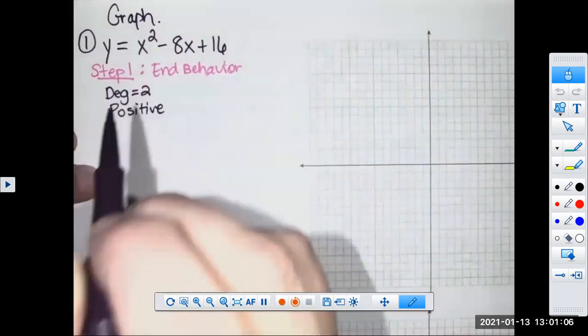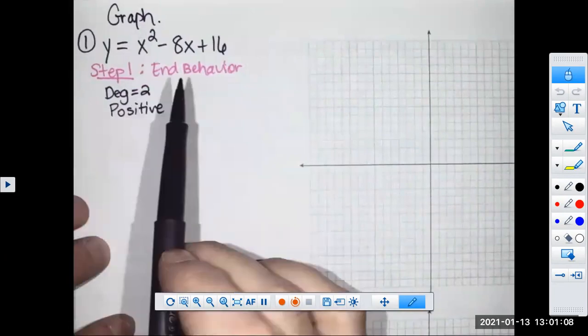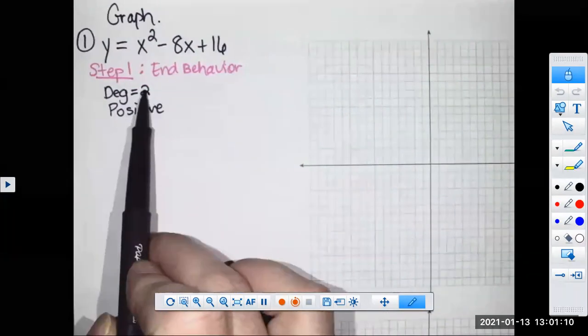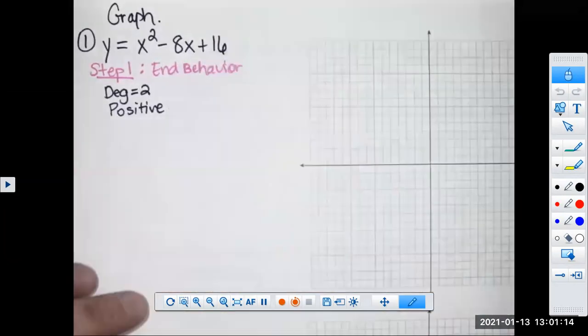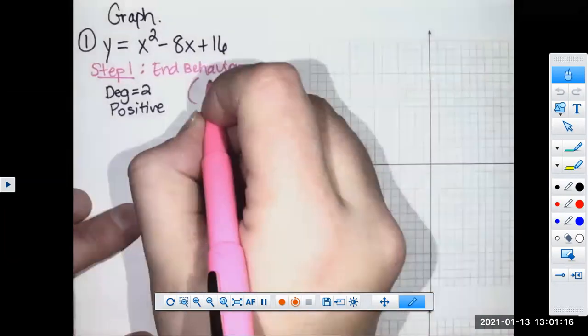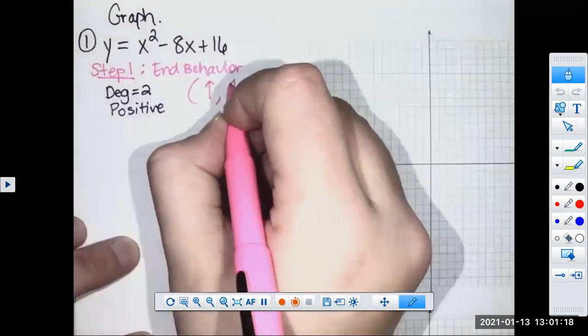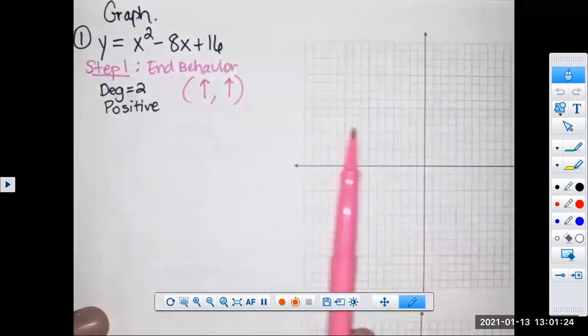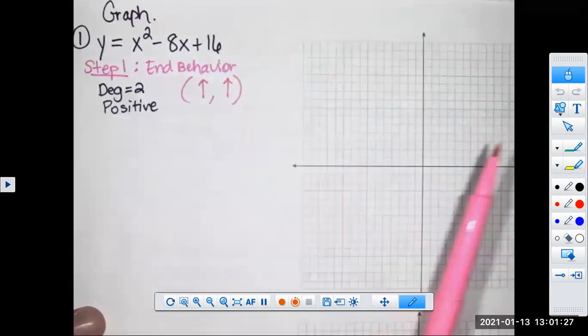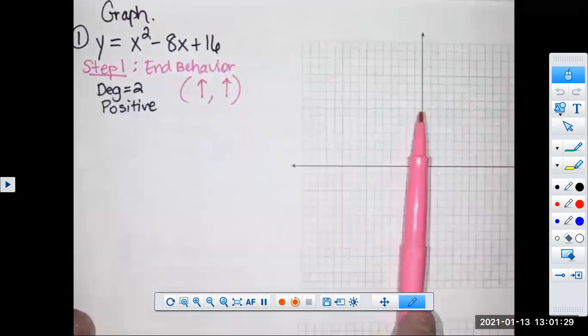And in 5.1, it says if your degree is even and it has a positive coefficient, this graph should be going up on the left side. It should be going up on the right side. So when we finally graph it, somewhere over here, it should be going up. And then in this quadrant, it should also be going up.